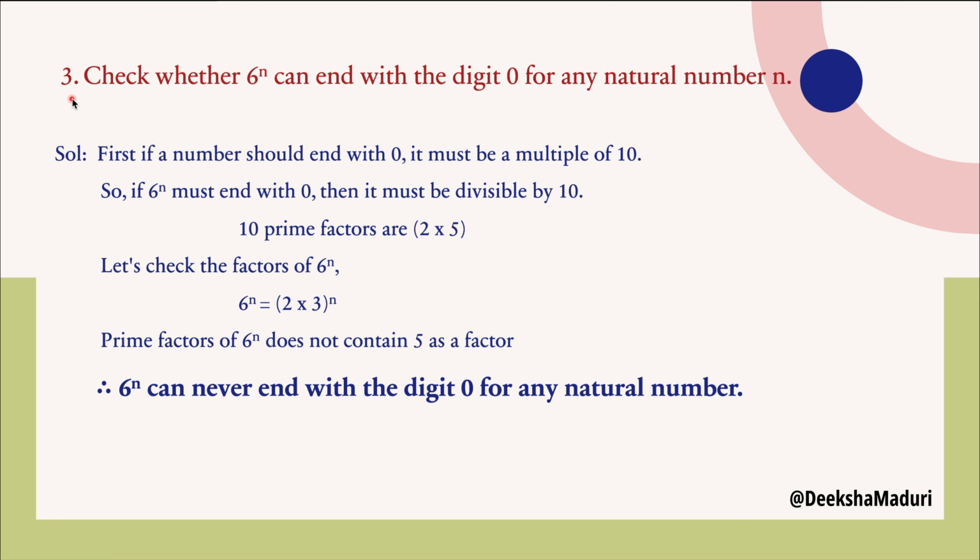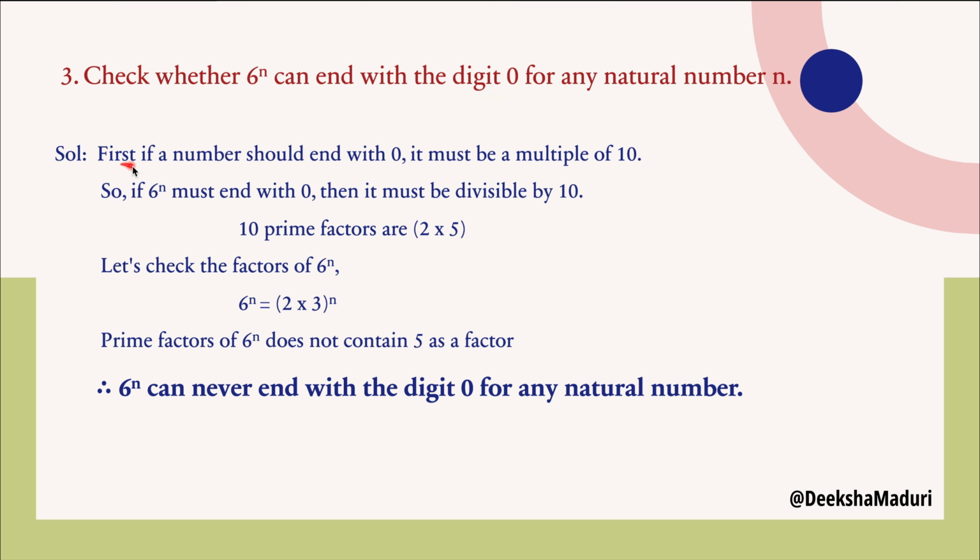And the next question is: check whether 6 to the power of n can end with digit 0 for any natural number n. Here they are asking, if we keep any value for n, like 1, 2, 3, 4, any number, whether 6 to the power of n can end with digit 0 or not.